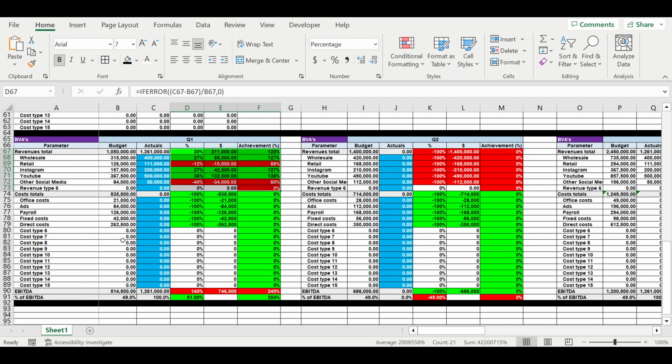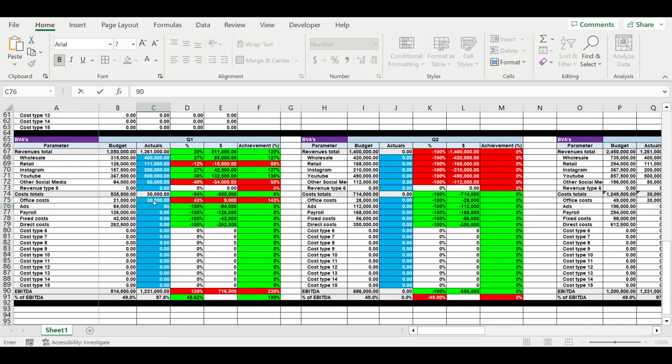Then we do the same exercise for expenses. For office costs, for example, we have $30,000. Then advertising was for example 90. Payroll was 130. Fixed costs were 13. Direct expenses were 300.